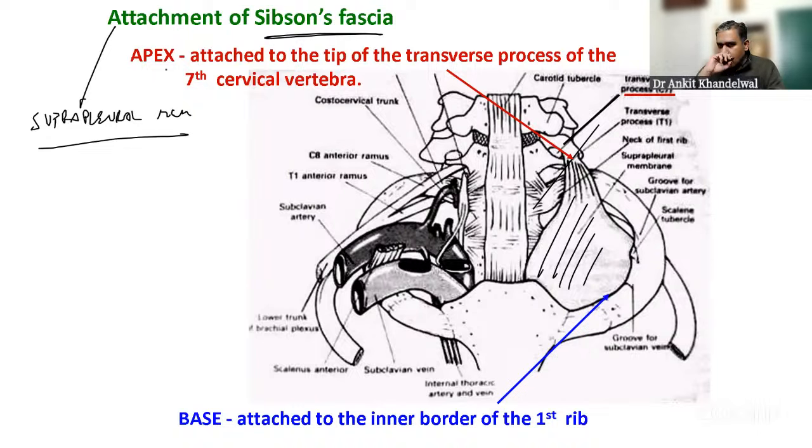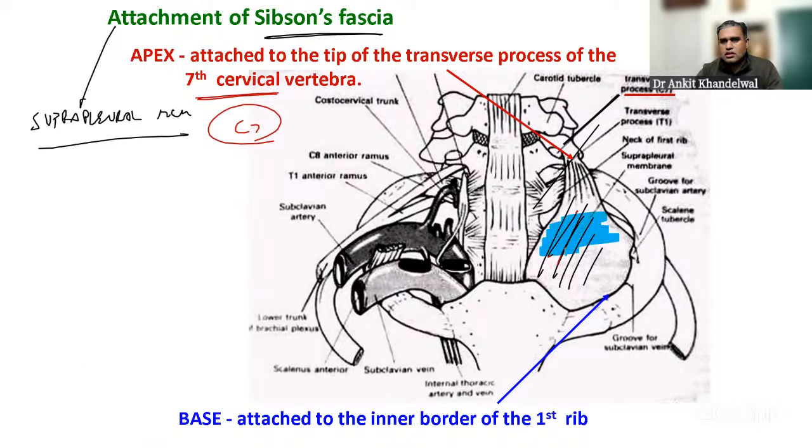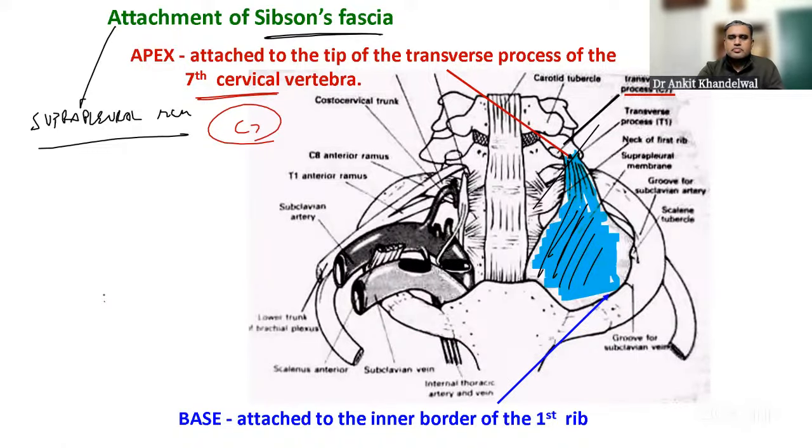Let me use a highlighter over here, which will be a bit better. This is your Sibson's fascia, the suprapleural membrane. Its apex is going above. It's attached right over here, that is the C7 vertebra. It covers the apex of the lungs from above. It will slightly limit the expansion of the lungs. But above, we have a neck space also.